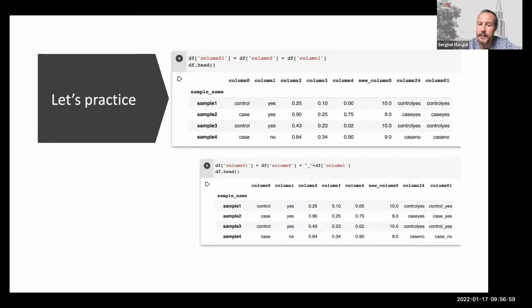That should give you this kind of column where you have control underscore yes, case underscore yes, and so on. It's more visually appealing, meaning it's easier to look at and read. That's just a minor detail, but conceptually, now you know how to make a sum and how to do concatenation.